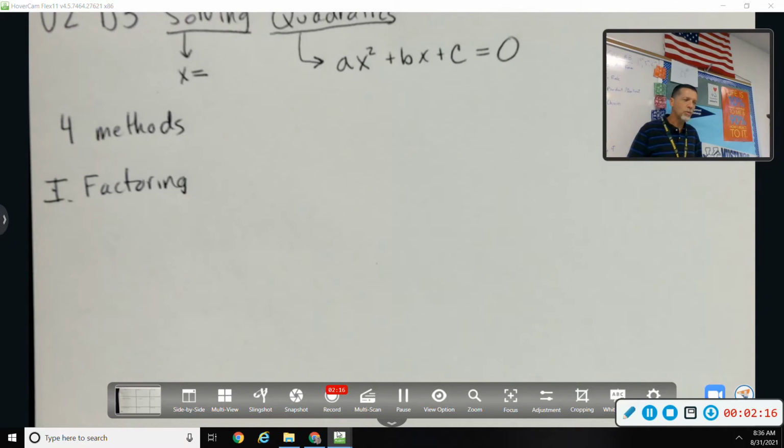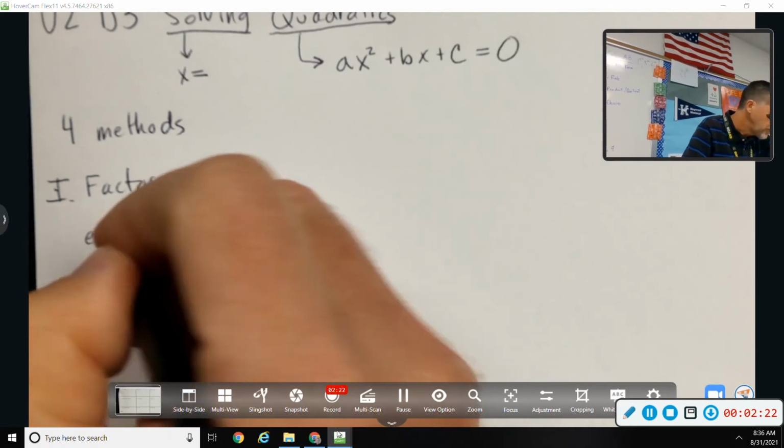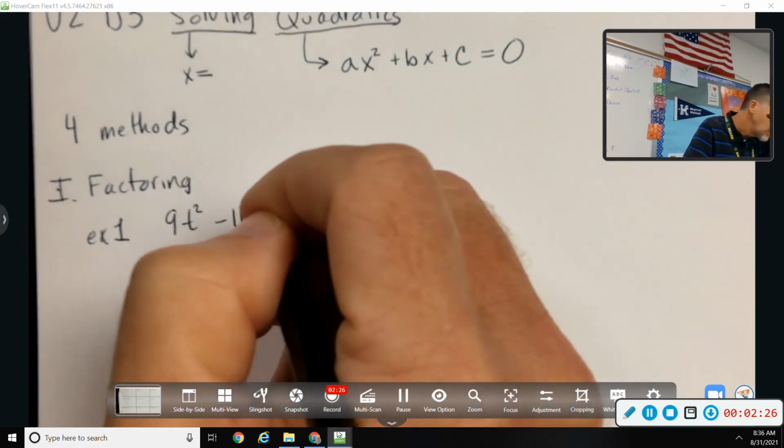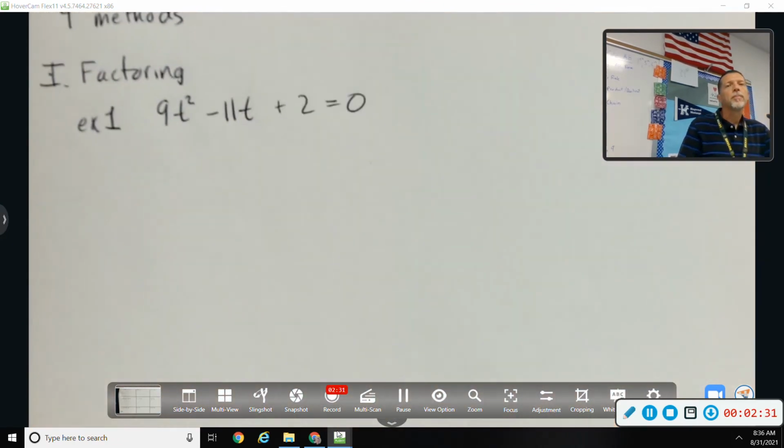So factoring is one method. You got some practice yesterday with factoring. Let's do another one, probably your least favorite kind: 9t squared minus 11t plus 2.